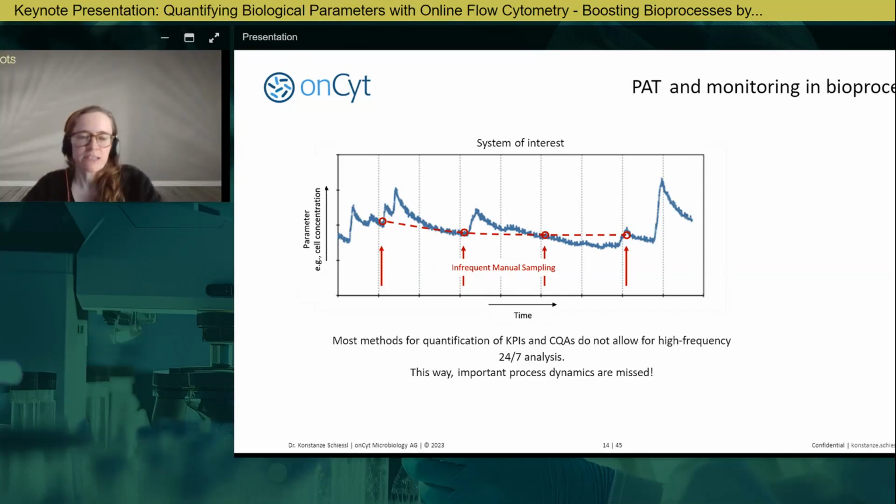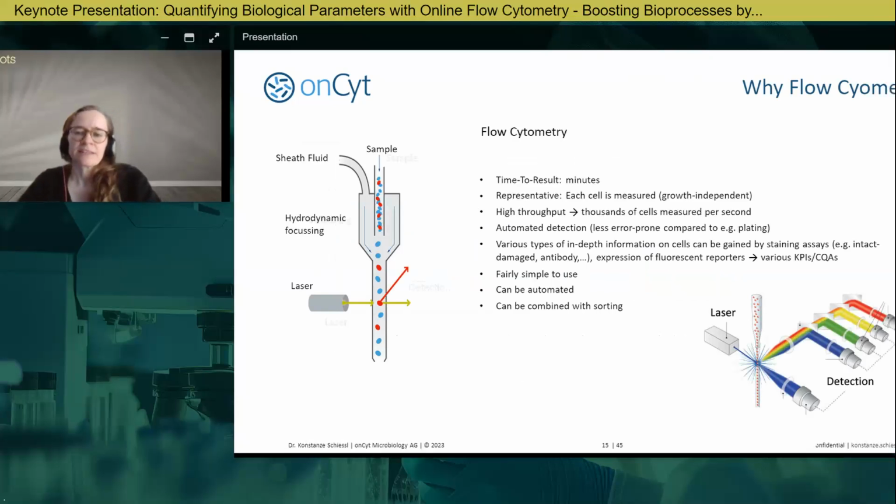There's always some variations and dynamics going on, and you might miss important dynamics of your process if you don't have an online or inline system that really measures around the clock. And yeah, for the KPIs and CQAs, most methods are still offline. And we believe that flow cytometry is one method that can measure KPIs and CQAs online.